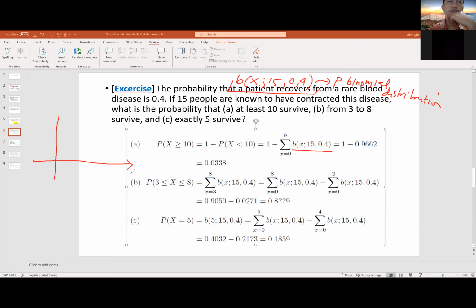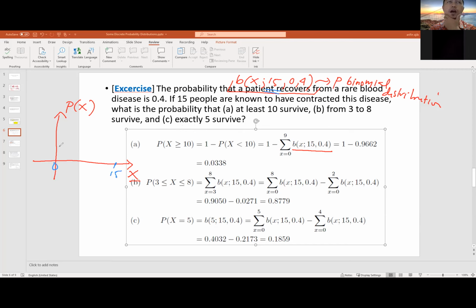This is a graph of a binomial distribution, and the y-axis is always the probability of x. This is x. I changed the color here. It represents, for example, 15 combinations from 0 until 15.